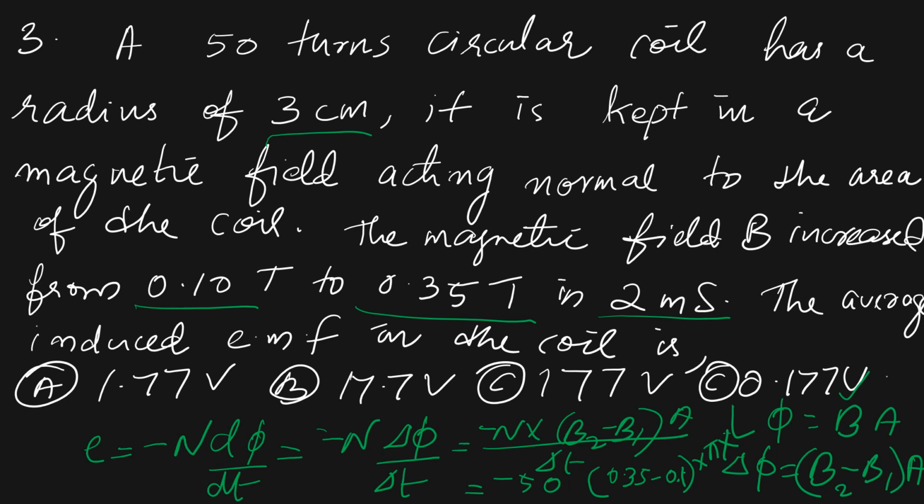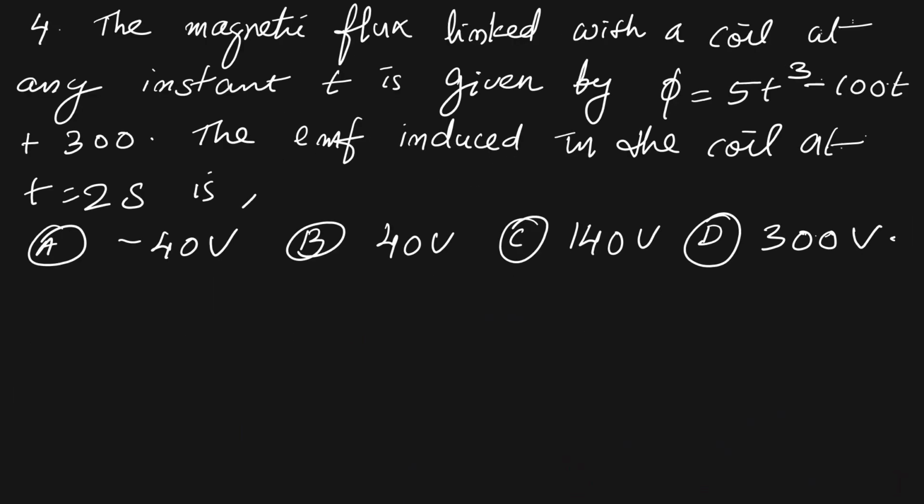R is given 3 centimeters, that is 3 into 10 raised to minus 2 meters, whole square, divided by time 2 millisecond, that is 2 into 10 raised to minus 3. So when you calculate the value, you will get 17.7 volt. So option B is the correct one.